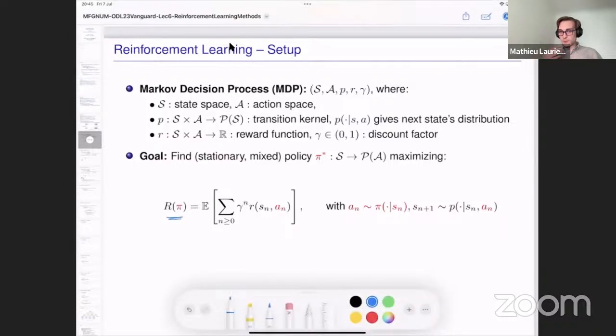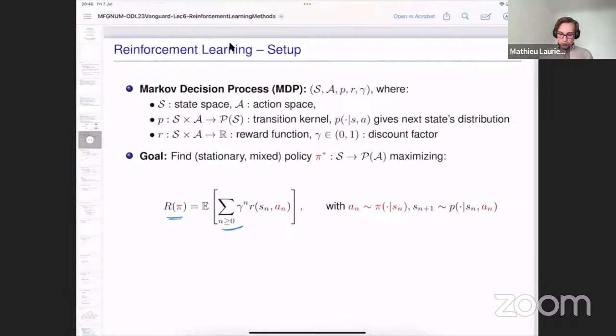And the goal is to maximize the reward, which is equivalent to minimizing a cost. Here, I will take most often, not always, the infinite horizon discounted setting. At least that's the most common one in standard reinforcement learning. But in mean field games, it's not the only interesting setting. I think the finite horizon setting is also very relevant. I will come back to this later.